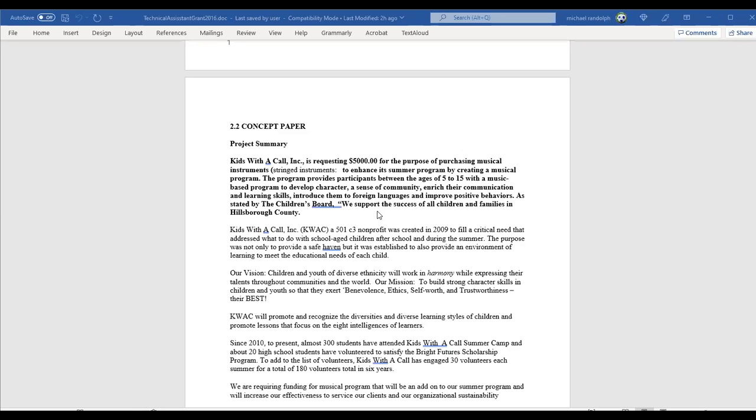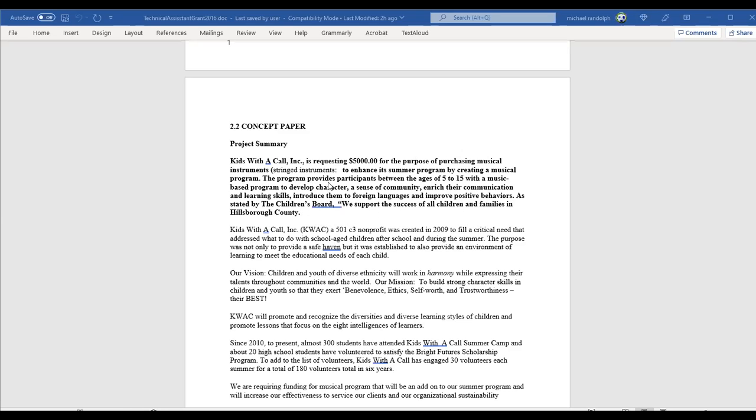As stated by the Children's Board, we support the success of all children and families in Hillsborough County. Specifically, this last sentence is important, because what they did was to say, hey, Children's Board, like you, we support all children as well in Hillsborough County.